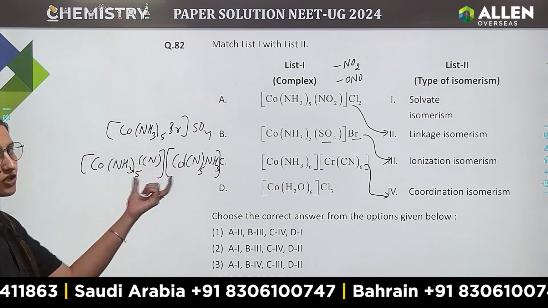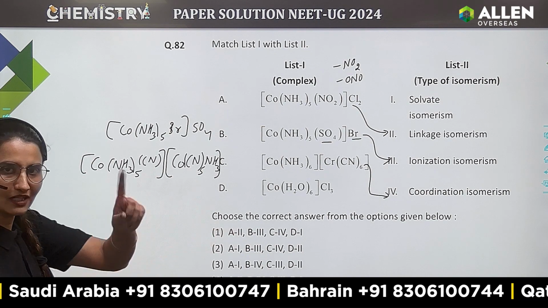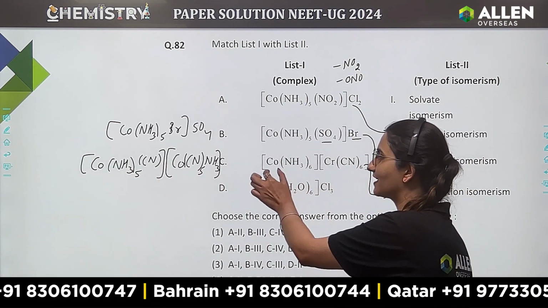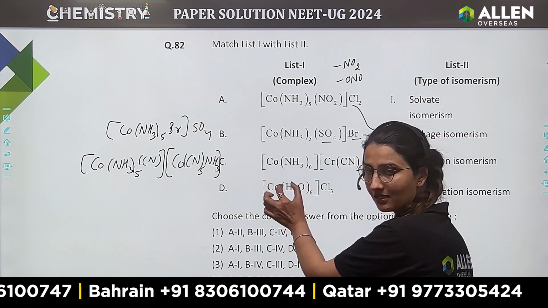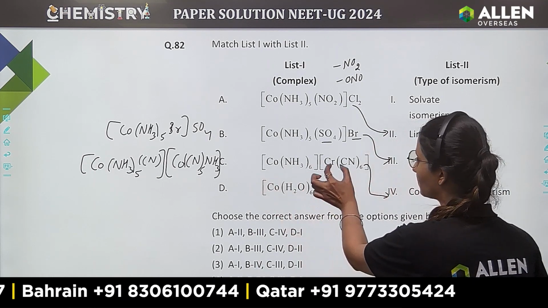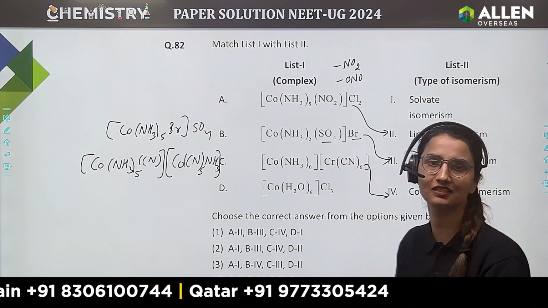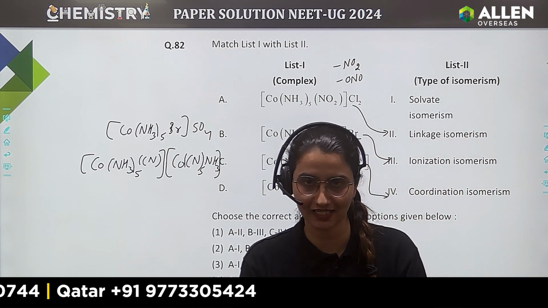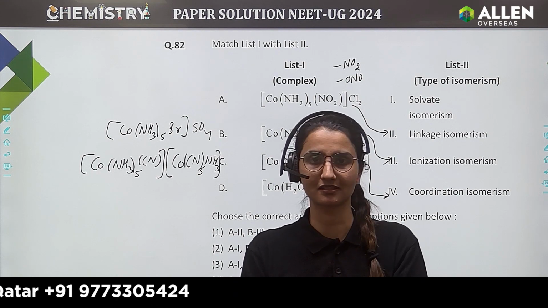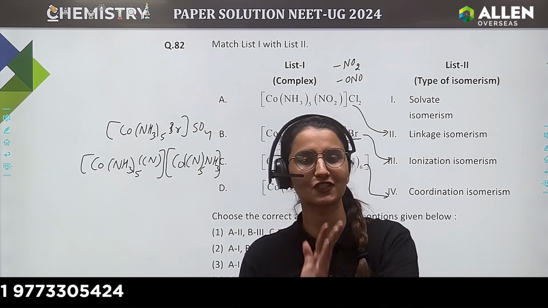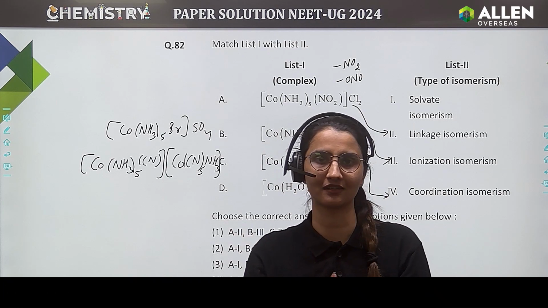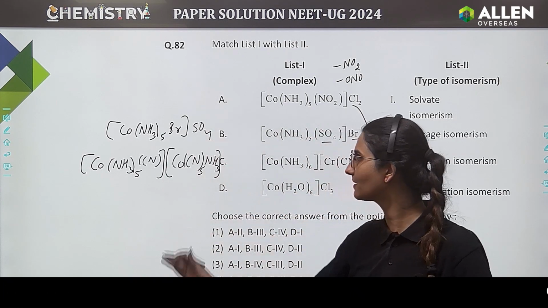We can keep exchanging. Only one isomer won't exist. Which isomer? When you get Co(NH3)3(CN)3, and here also Cr(CN)3(NH3)3. Why don't they exist? Because, students, in that case, charges will be balanced. There will be no charge on the coordination sphere, no coordination cation or coordination anion. The rest we can draw as isomers. Multiple isomers are feasible.